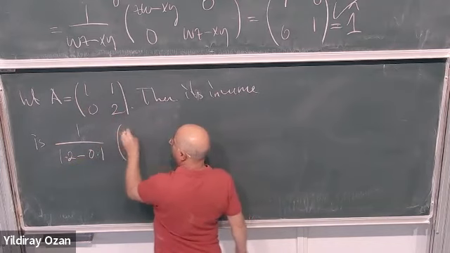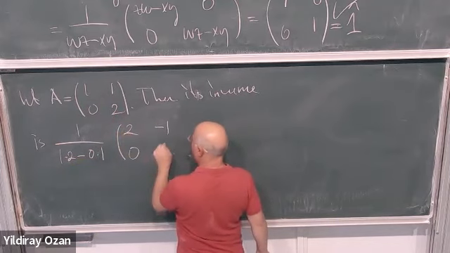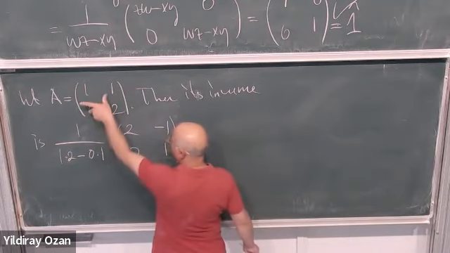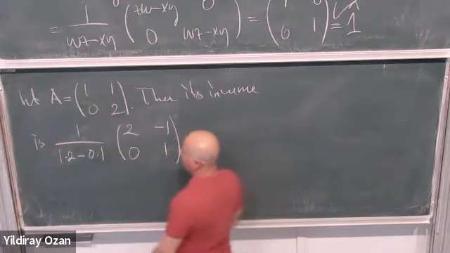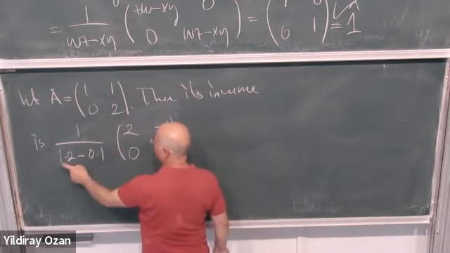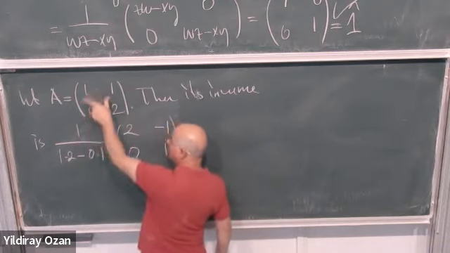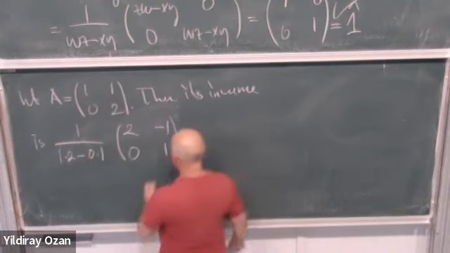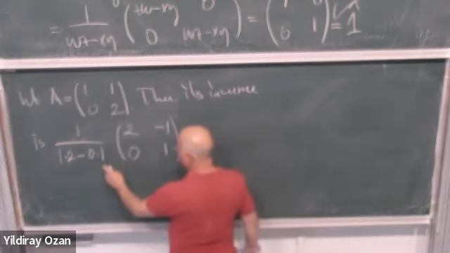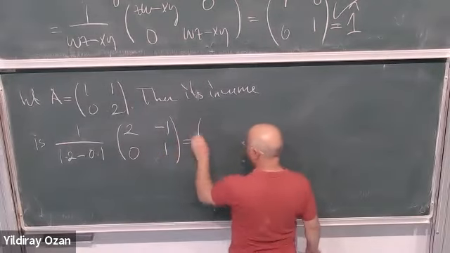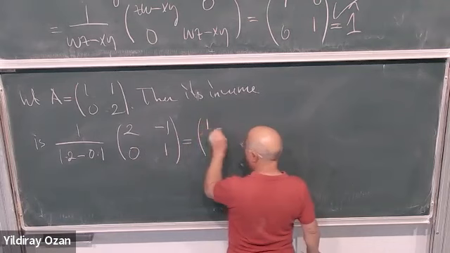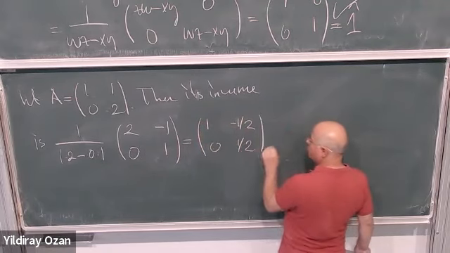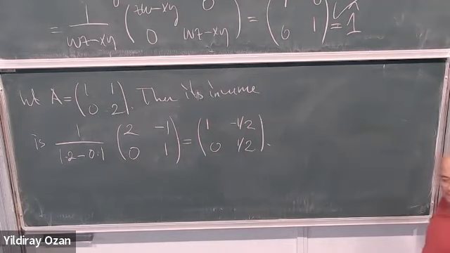You interchange these two, multiply these two by -1, and you write here the product of the diagonal ones minus the product of the other diagonal ones. So this is just 1 over 2 times this matrix. So I can write it this way: 1, minus 1 over 2, 0, 1 over 2. So the inverse is this.